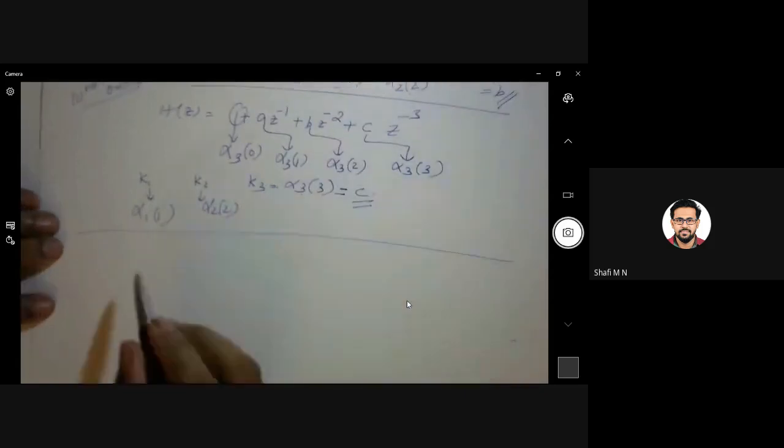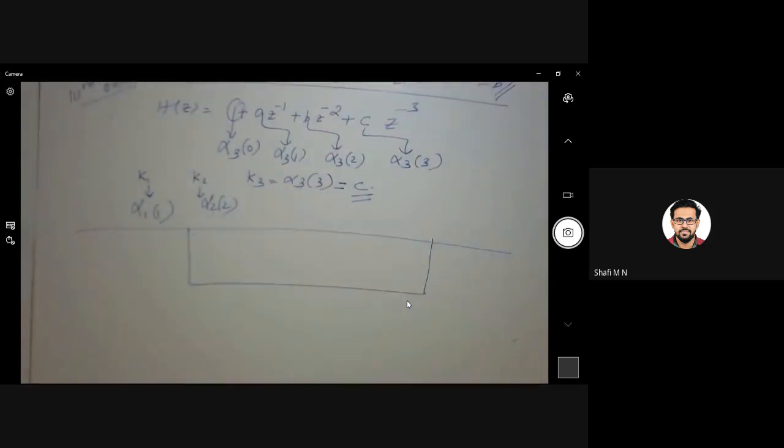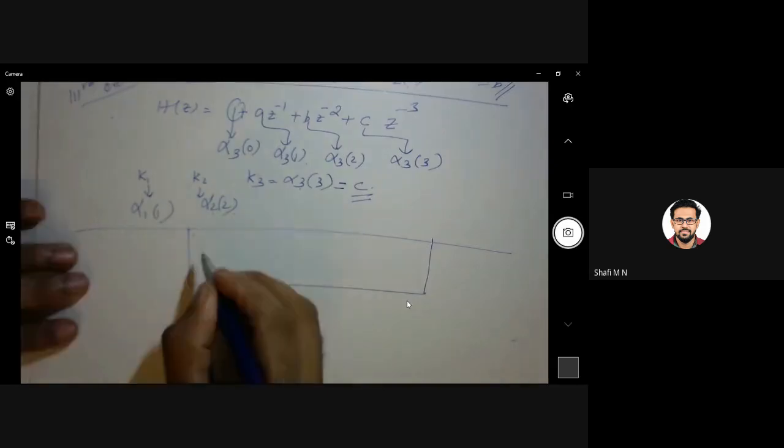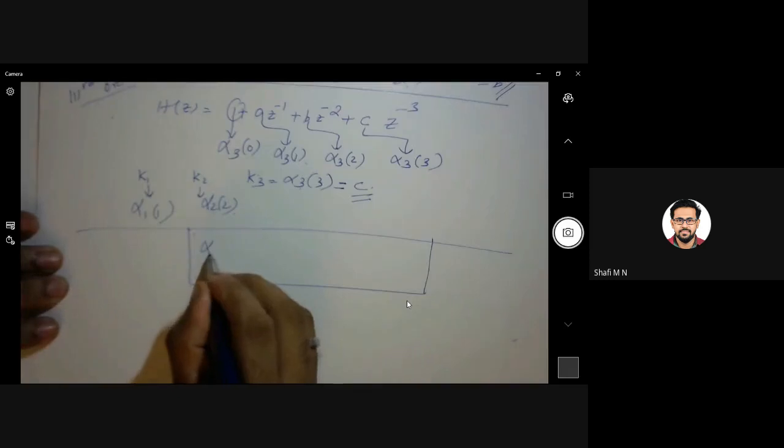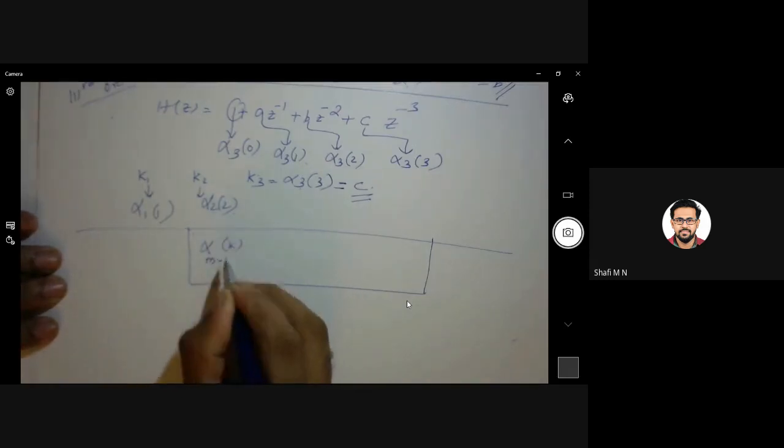So before starting the problem, I will introduce the equation here. Alpha m minus 1 of k. We will have an equation for alpha m minus 1 of k. You must learn this equation by heart.